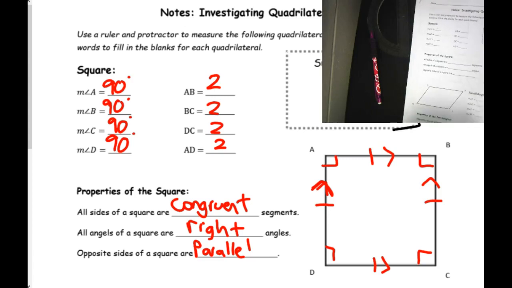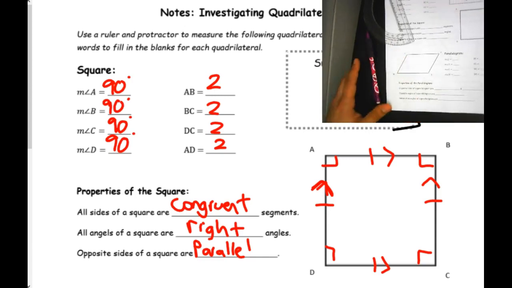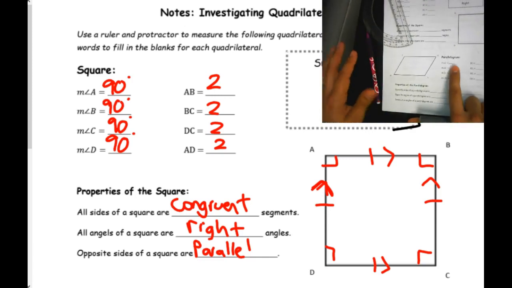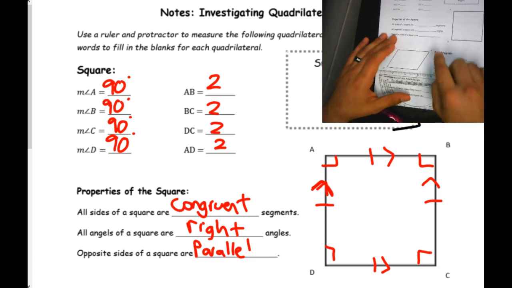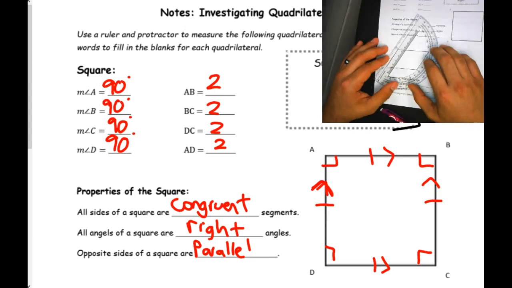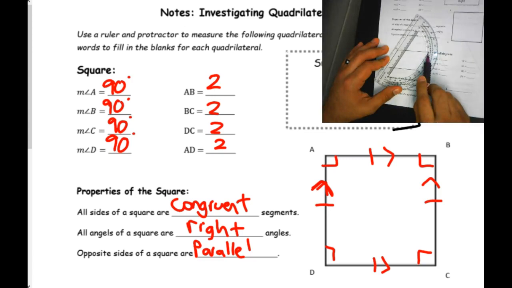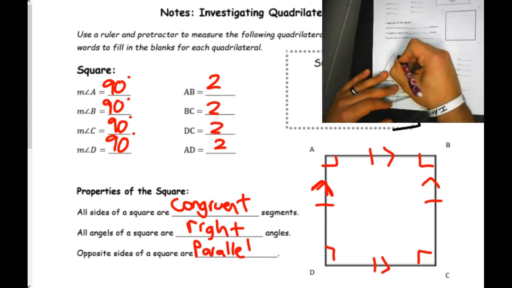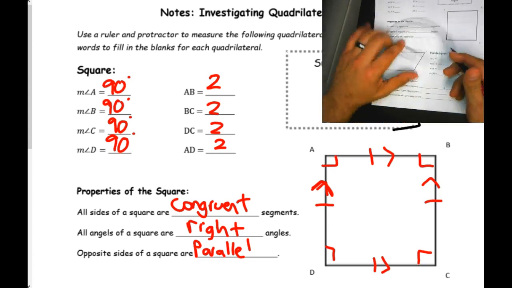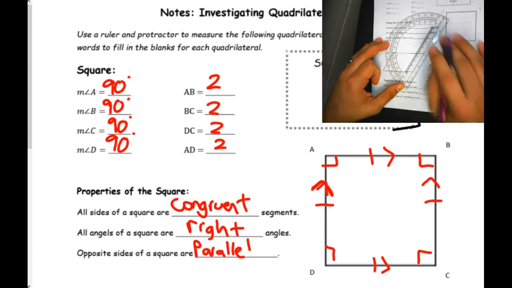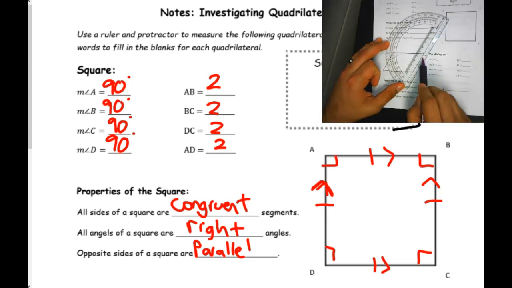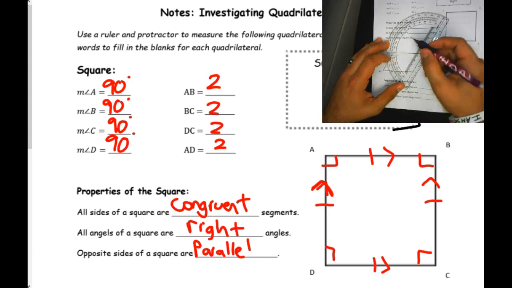Okay, so down here, we have to measure angle J. So I'm going to use my protractor to measure angle J. I'm going to line it up right there. And angle J, since it's obtuse, the bigger number is 120. So J is about 120 degrees. Angle K, if I line it up, measure it, it looks like 120, but again, K is acute, so it'll be the smaller number, which is 60 degrees.